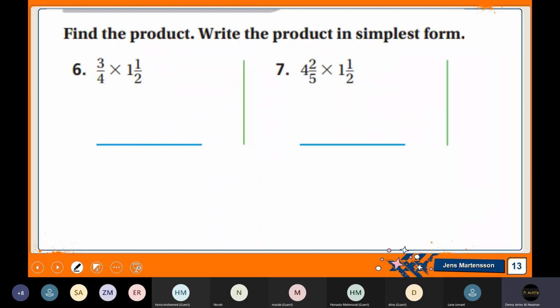Matab, where are you? Yes, teacher. Here, what do we have? 3 over 4 times 1.5. How to rewrite 1.5 as a fraction?